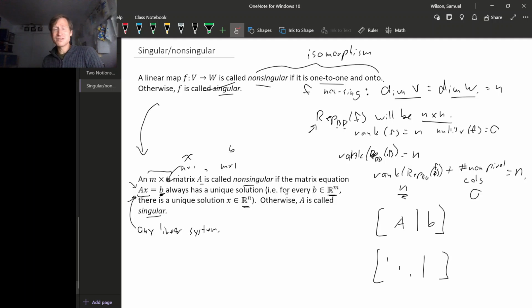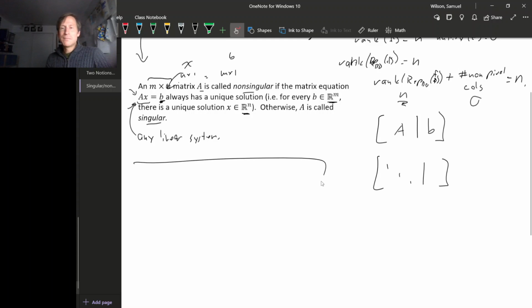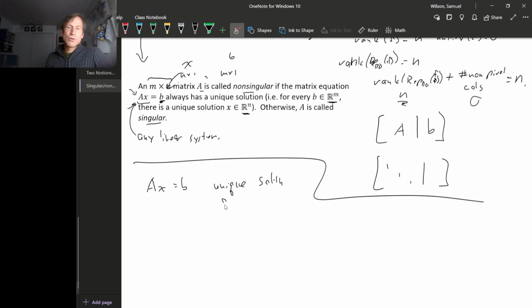So now let's do the reverse. Let's suppose that we have a non-singular matrix. Does that mean it produces a non-singular linear transformation? Well, saying we have a non-singular matrix means that this has a unique solution for all B. In other words, when you row reduce this to get a unique solution, a couple things have to happen.